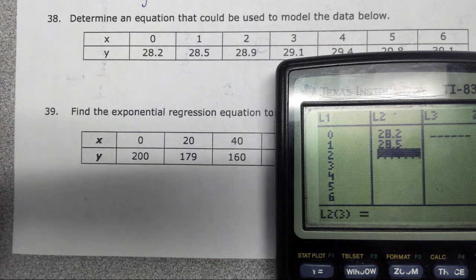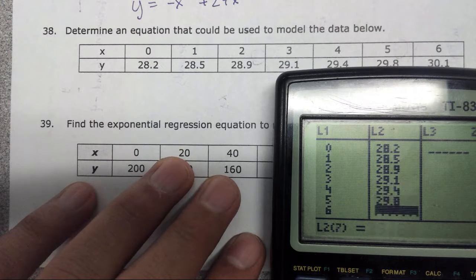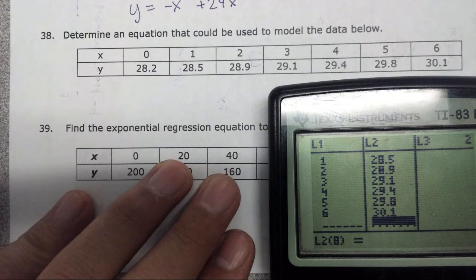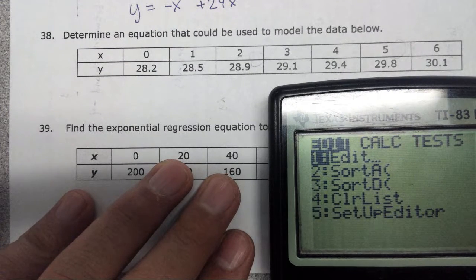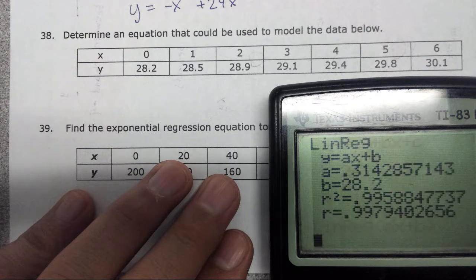28.5, 28.9, 29.1, 29.4, 29.8, and 30.1. Put that in there. Stat, calc, linear regression.